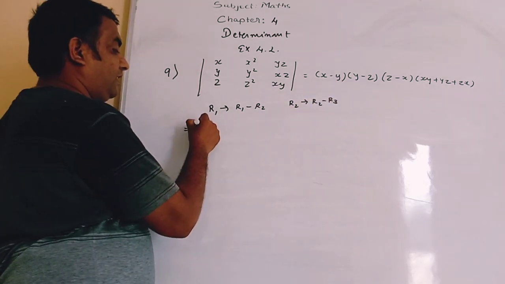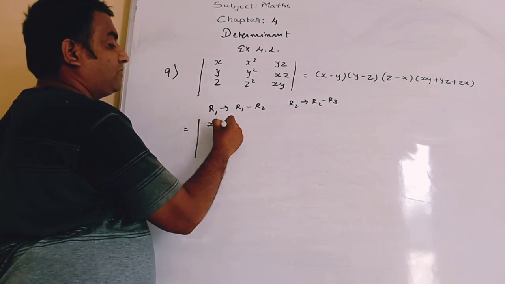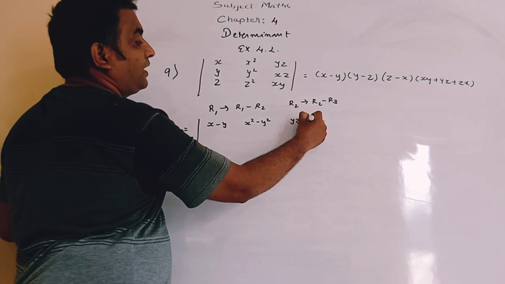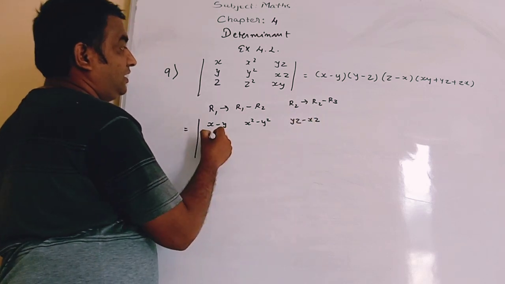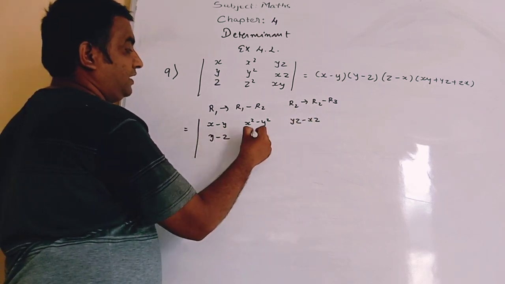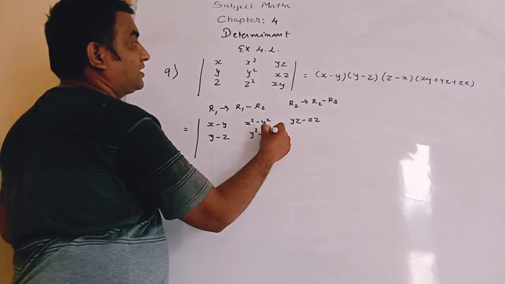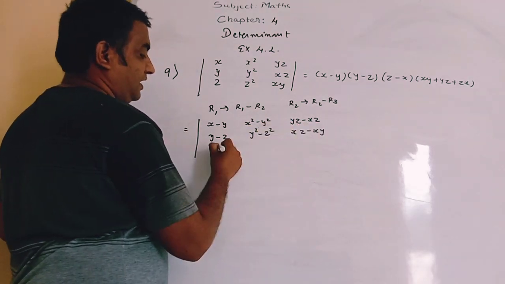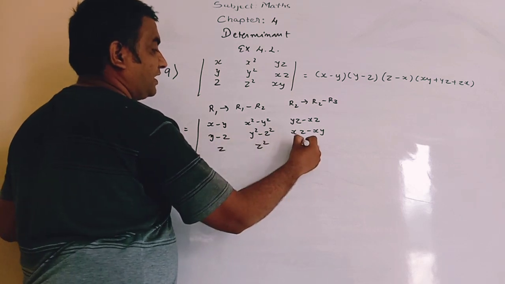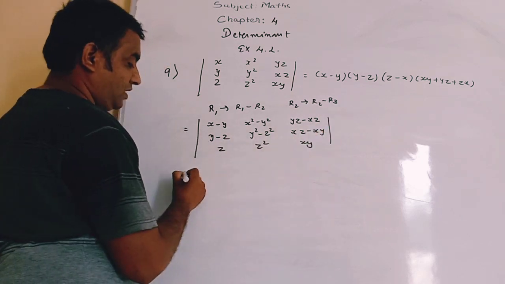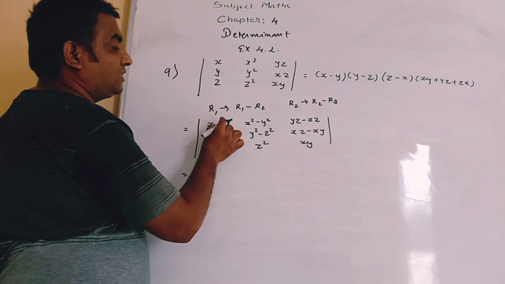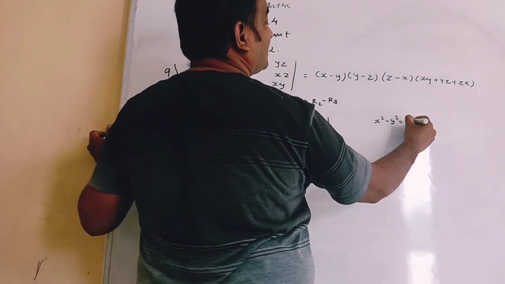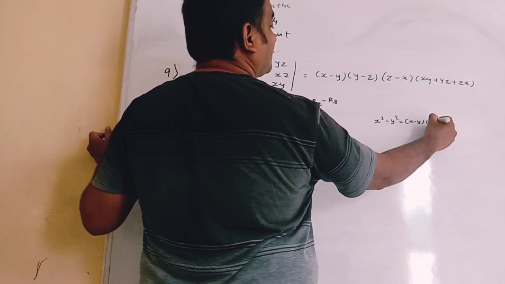Then we will get here x minus y, x square minus y square, yz minus xz. Here y minus z, y square minus z square, xz minus xy, and z, z square, xy. So now here x minus y, x square minus y square: these two factors are x minus y, x plus y.